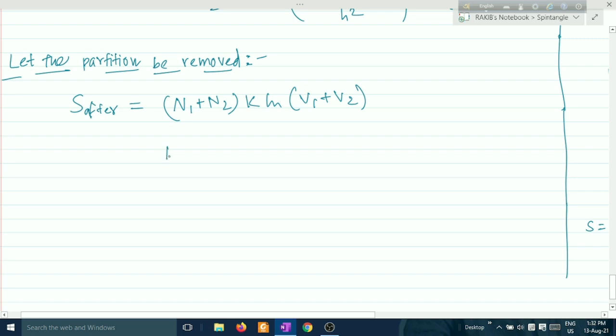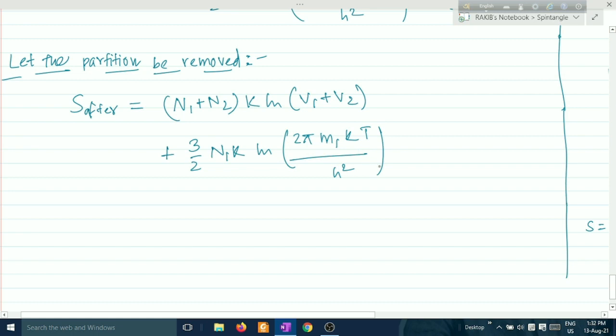What is the total volume now? V1 plus V2, plus 3 by 2 n1 k ln 2 pi m1 kT upon h square.